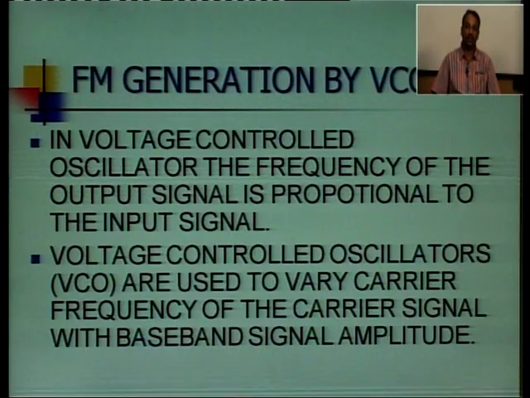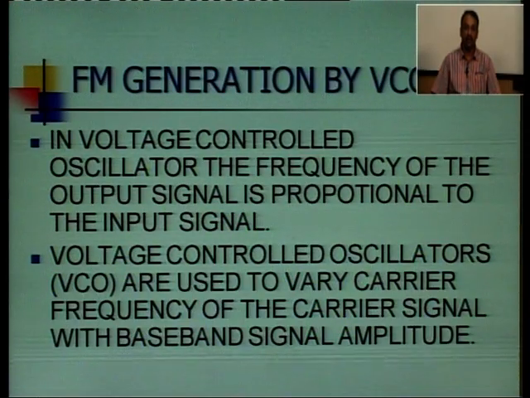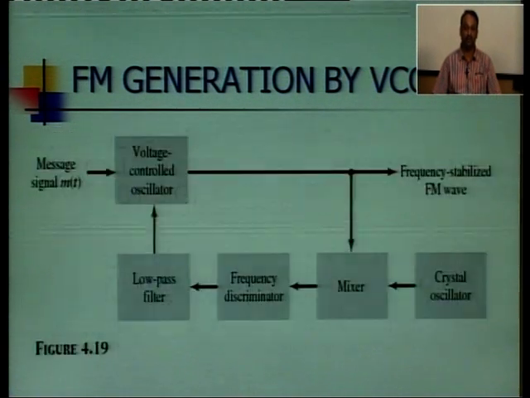In a voltage controlled oscillator, the frequency of the output signal is proportional to the input signal. Voltage controlled oscillators are used to vary the frequency of the carrier signal with the baseband signal amplitude.